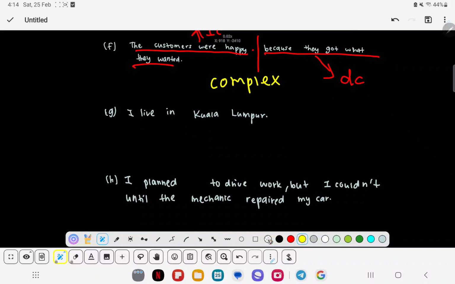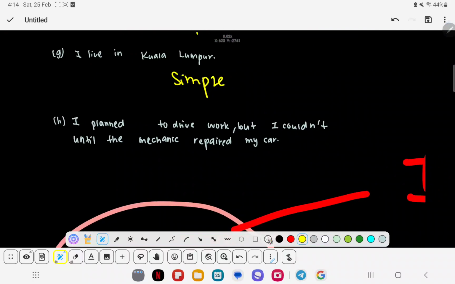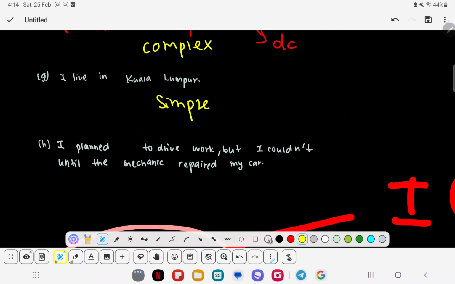Alright, thank you. So let's see I live in Kuala Lumpur. Very basic kind of sentence. It means that it is a simple sentence. Now, the last one: I plan to drive to work, but I could not until the mechanic repaired my car. What does this mean? You see the sentence is very lengthy.